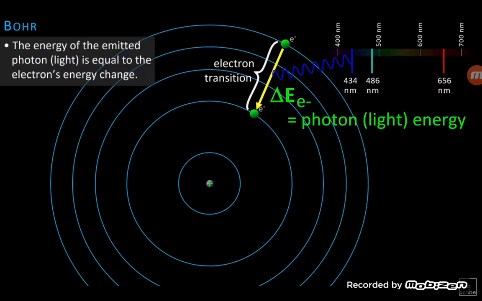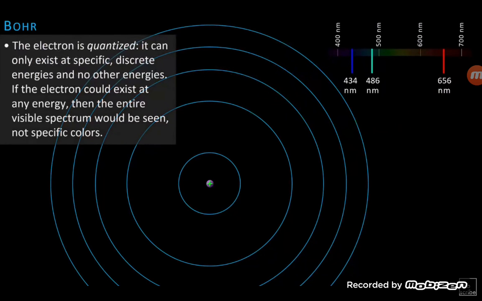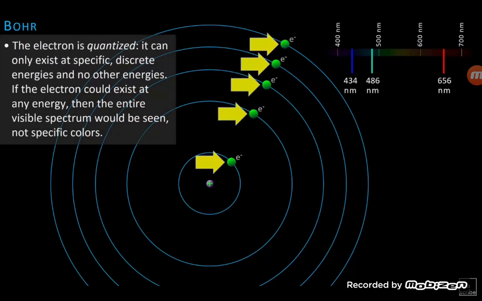This model of the atom came out of Bohr trying to figure out why various elements and compounds emit very specific frequencies of light, something that had puzzled scientists for decades. What is crucial here is Bohr's contention that the electron could only exist at discrete energies. In other words, the electron is quantized.